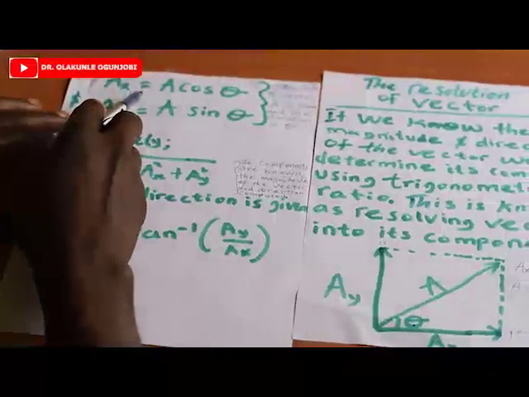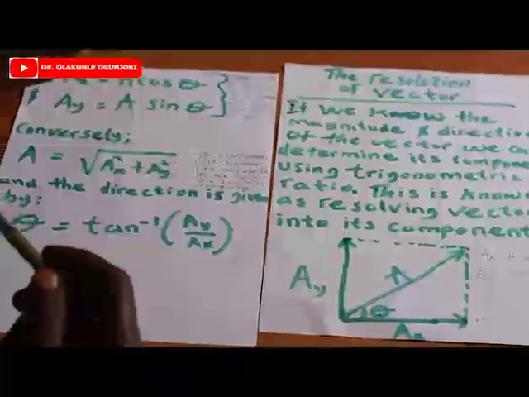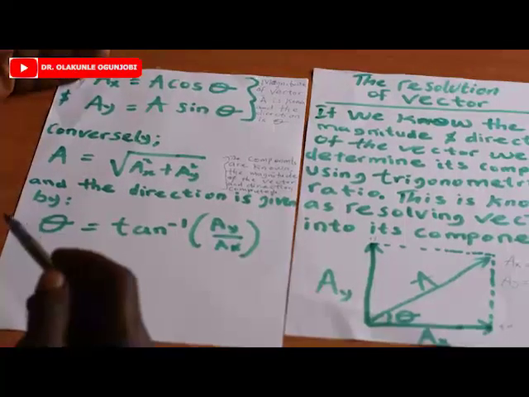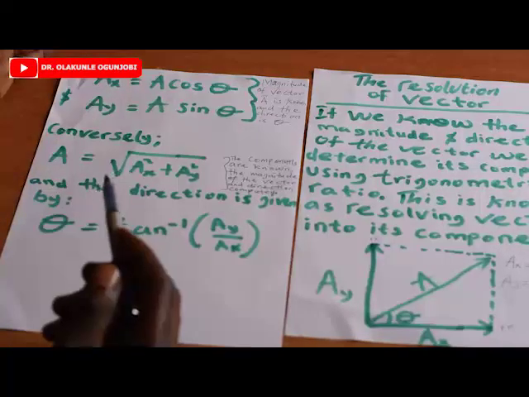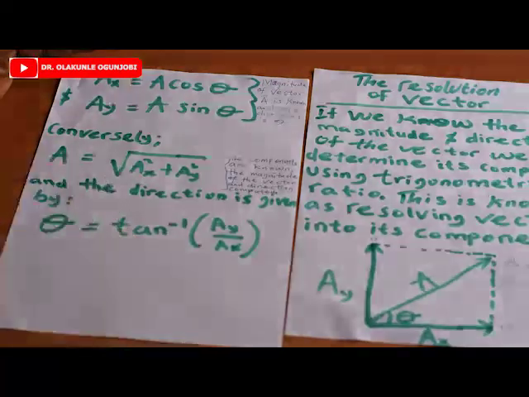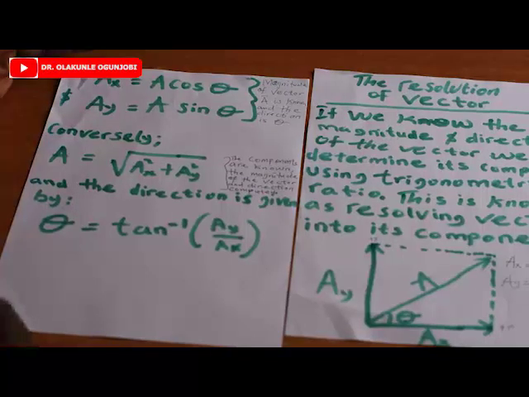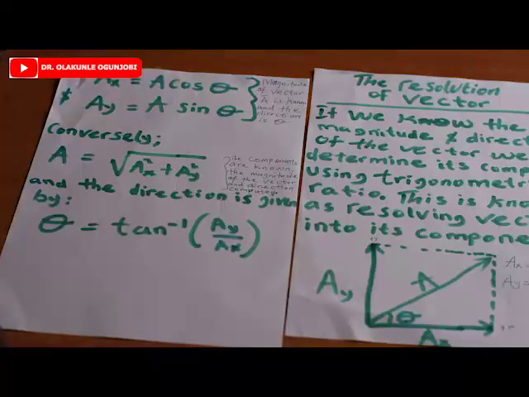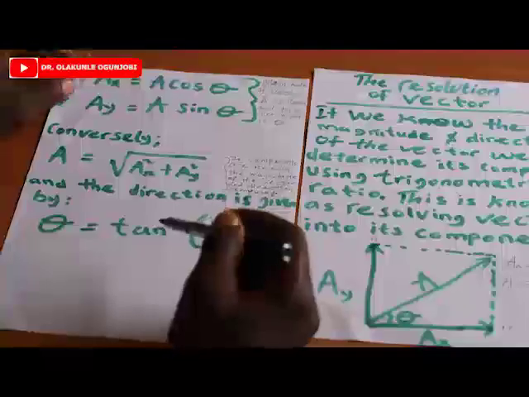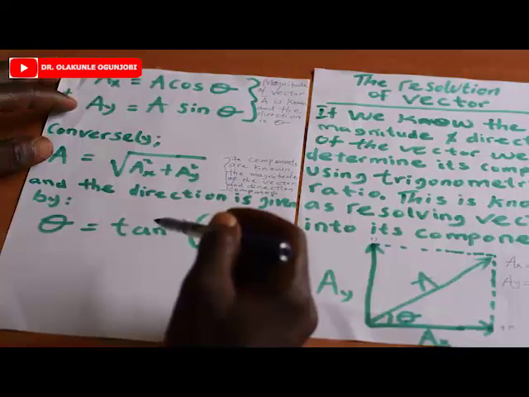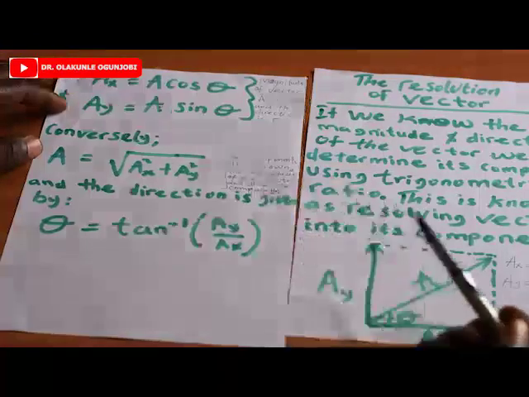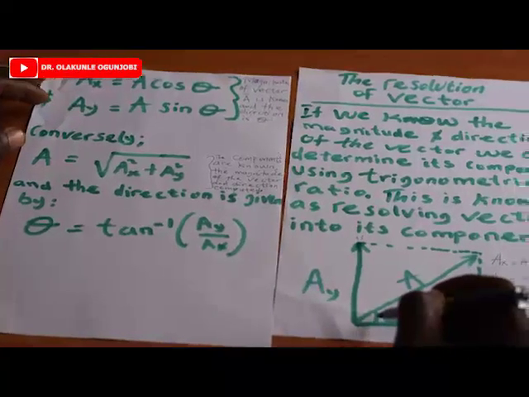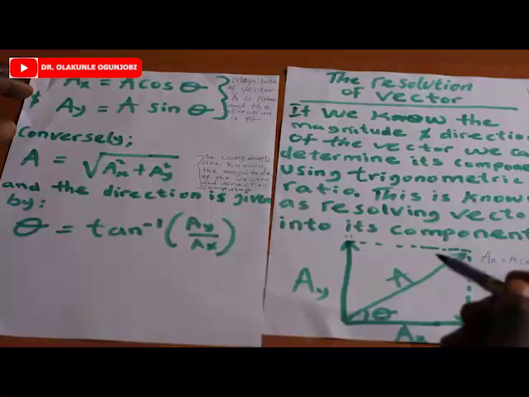It will always be given this way: Ax equals A cos theta and Ay equals A sine theta, provided that the angle theta is between the vector and the axis.